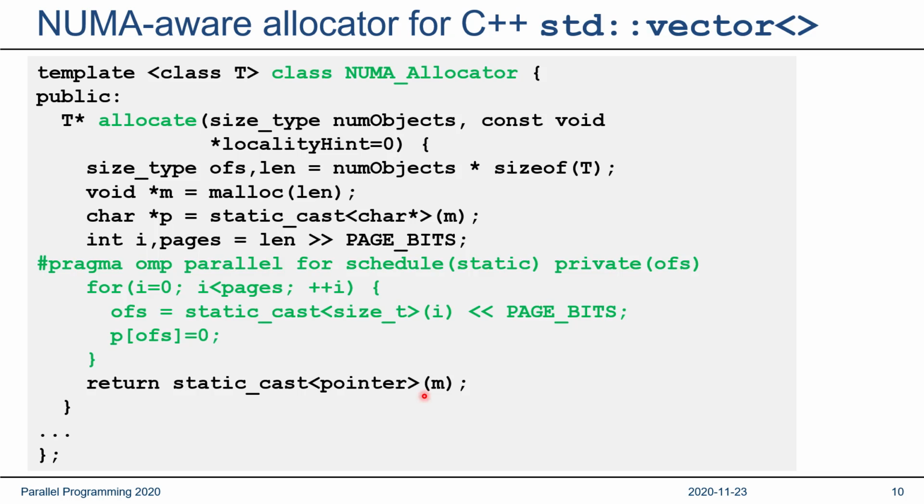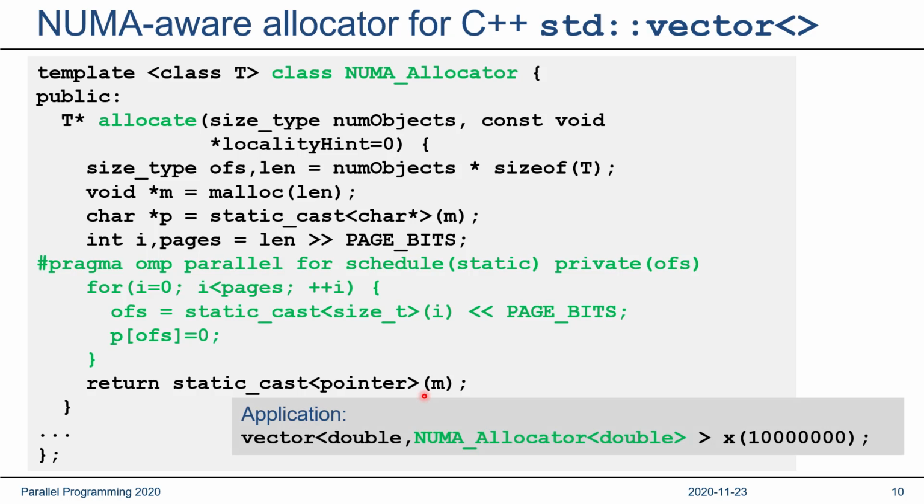Once you have this allocator class, you can use it when instantiating a vector container object just by specifying it as a second template argument. So you should write vector<double, NUMA-allocator<double>> x(10 million). This way, when initializing x, the parallelized NUMA-allocator will be used.